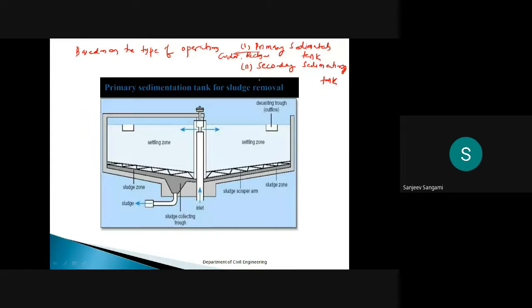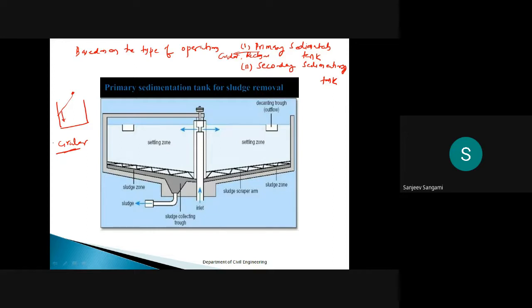Normally we use the circular sedimentation tank rather than the rectangular one, as it has more advantages. The circular tank has a circumferential area, and the efficiency of the sedimentation process in the circular tank is always more than in the rectangular tank. Why? Assume the particle is here in a circular sedimentation tank. Whenever it hits the inside surface of the circular tank, there is always a tendency towards downward settlement.